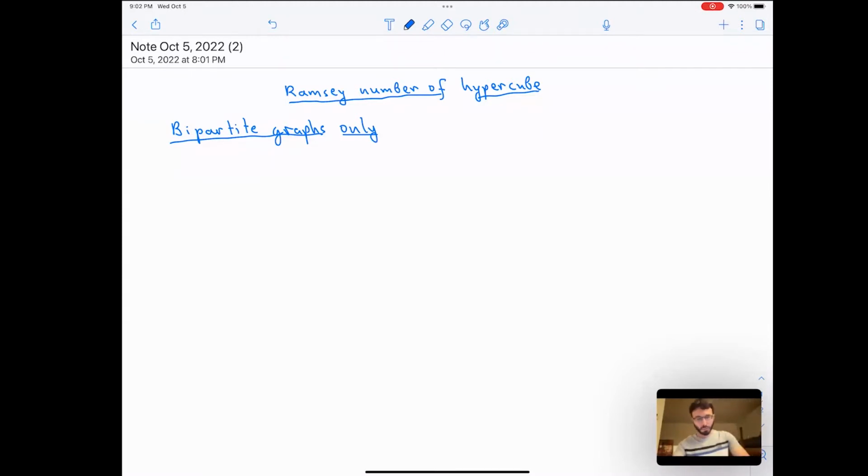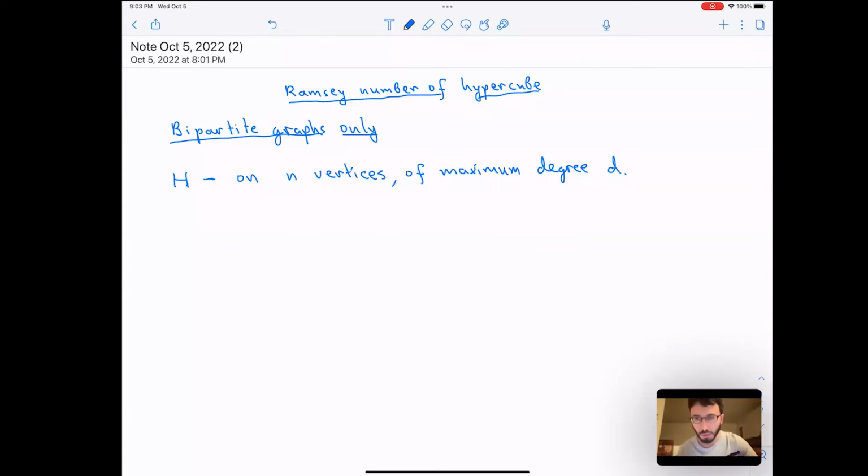So what is known about bipartite graphs in general? Suppose that we have a bipartite graph H on n vertices and of maximum degree D. What is known about the Ramsey number?